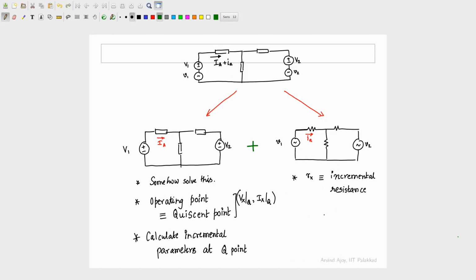This I capital A, and the current flowing in this one I. So you do these two, and you basically add them. That is very similar to the superposition part, correct? But in superposition, you use the fact that your circuit was linear to motivate everything. Here I am telling you that the elements are non-linear.